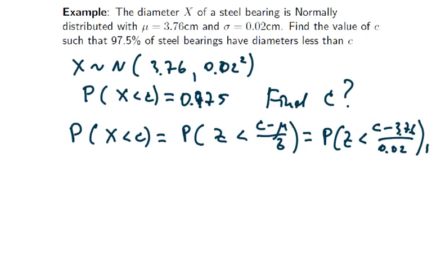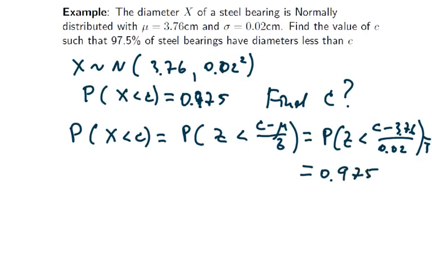So what we find? We find from the table of phi, and this equals 0.975.